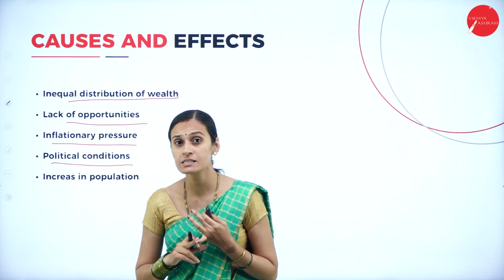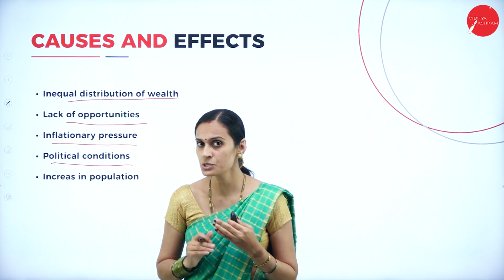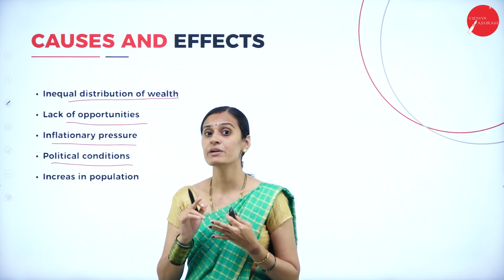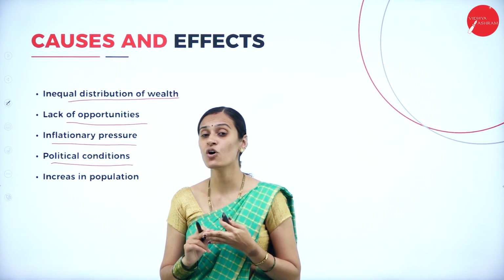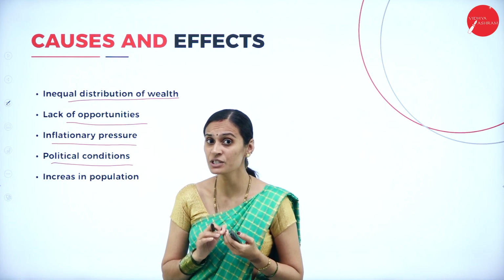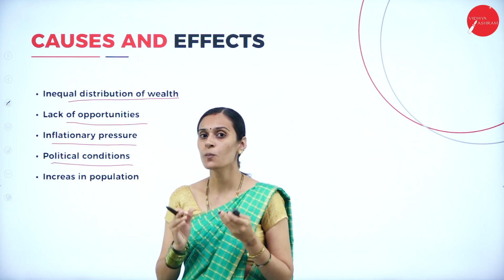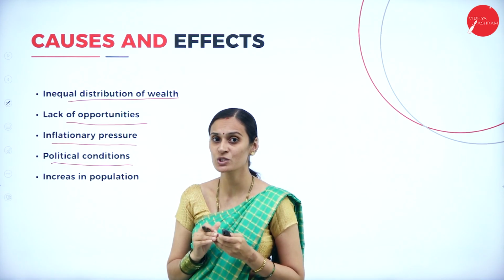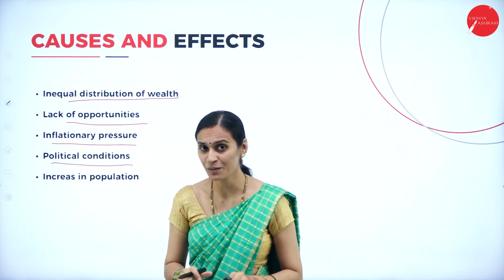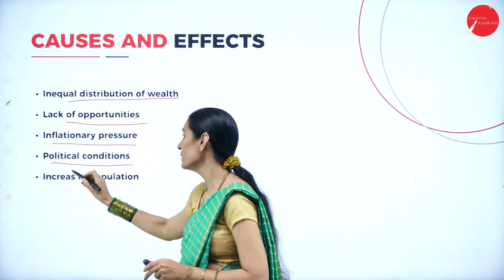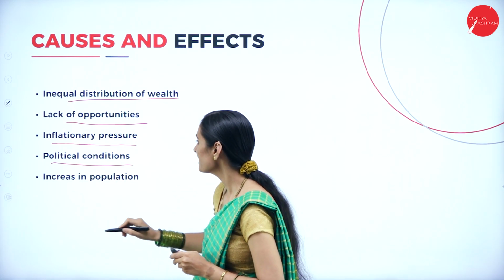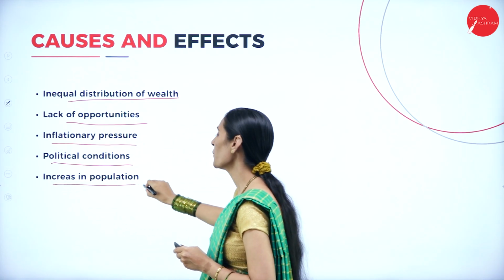Casteism, in the sense that the creation of employment opportunities is based on caste, gender, status or religion. So what happens? Many people are not able to get particular opportunities, and positions are created by the political system. It directly affects this.